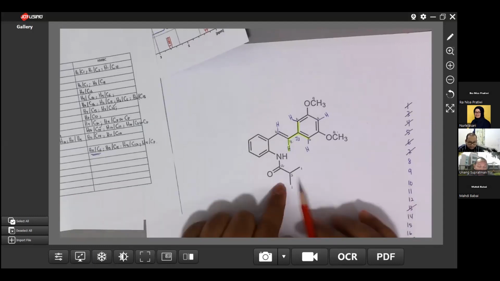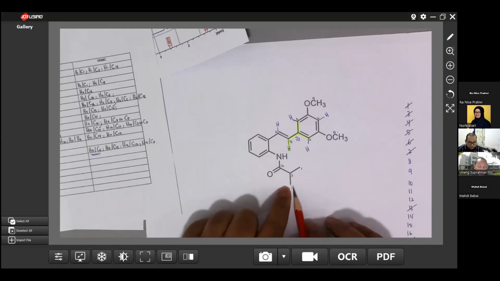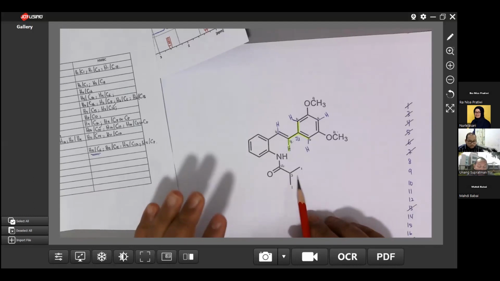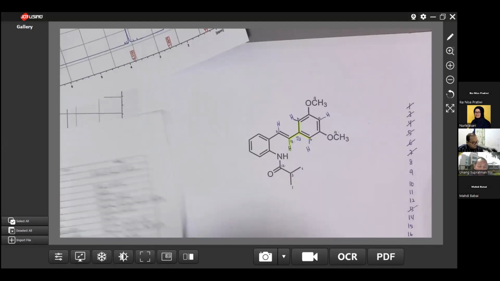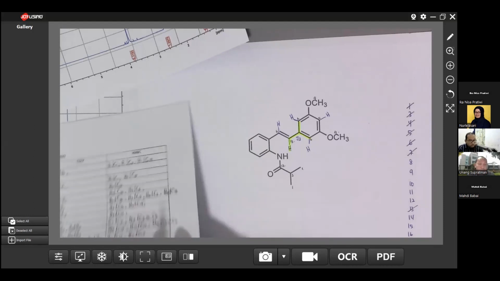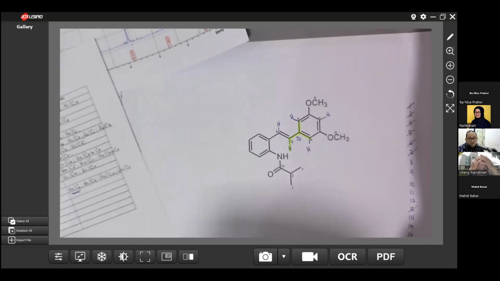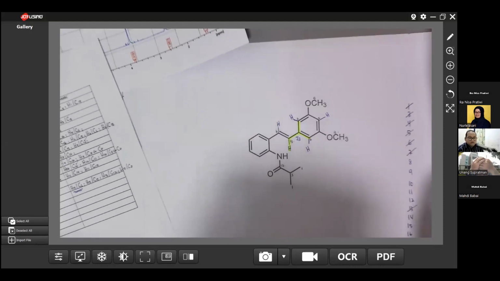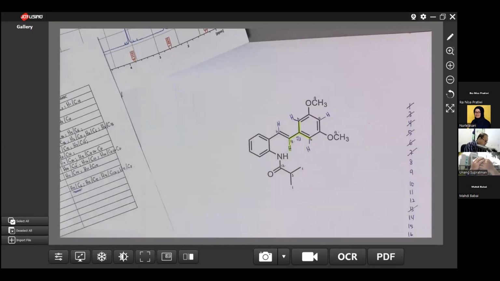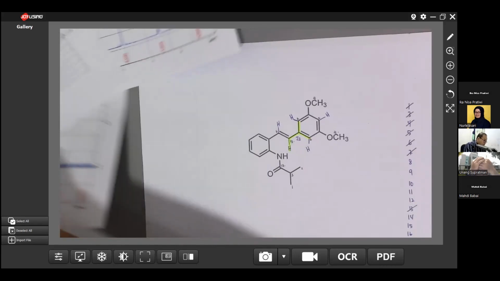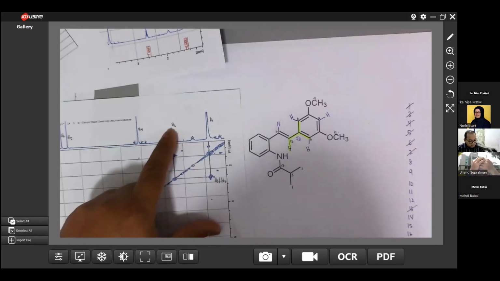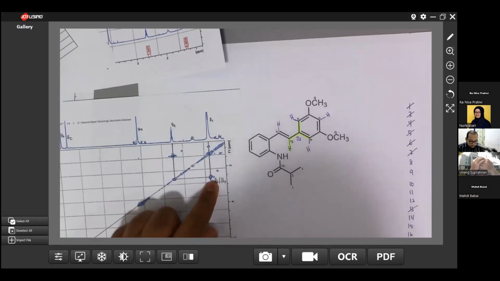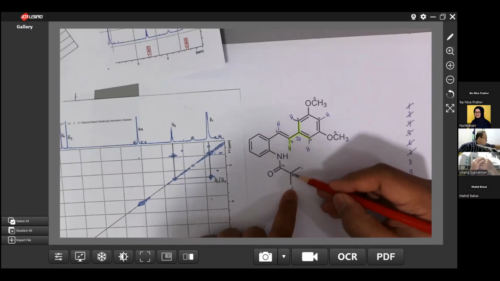So what's next? How can I determine this one is 1 and this one number 3? The first is the COSY spectrum. In the COSY, if you remember, H1 can see H3.